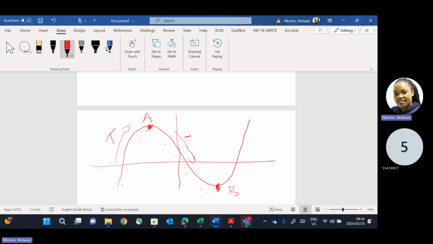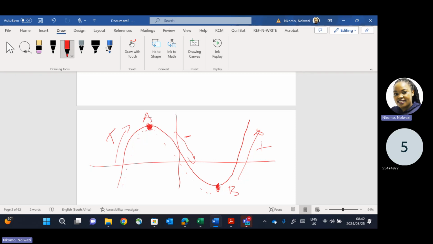But from B to the positive infinity, the graph is increasing again. So call this side the positive side, right? At A, the slope changes from positive to negative. Because from here we were positive until here, but from here to here we are decreasing again.